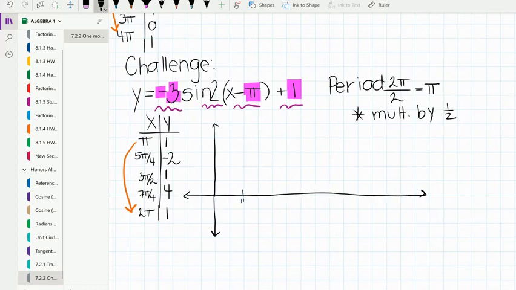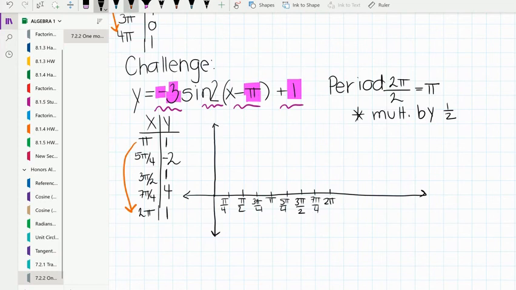All right, so we have pi over 2, pi, 3 pi over 2, and 2 pi, and we'll go ahead and put the in-between values. So pi over 4, 3 pi over 4, 5 pi over 4, and 7 pi over 4.